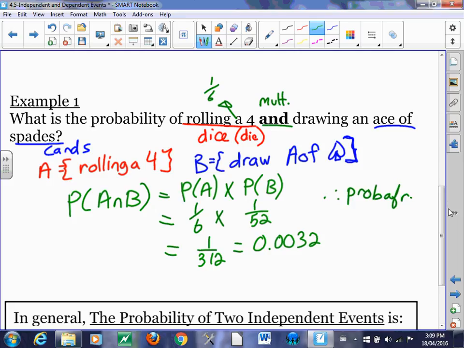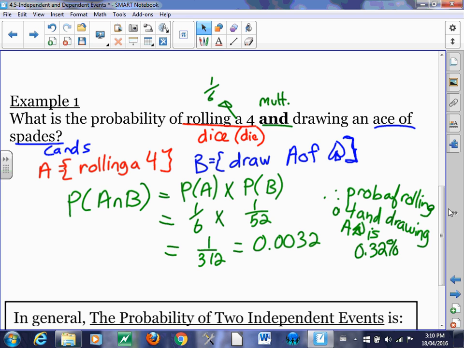So therefore, the probability of rolling a 4 and drawing a queen of hearts, ace of spades, my fault, is 0.32%. Very low. But notice that they are independent.